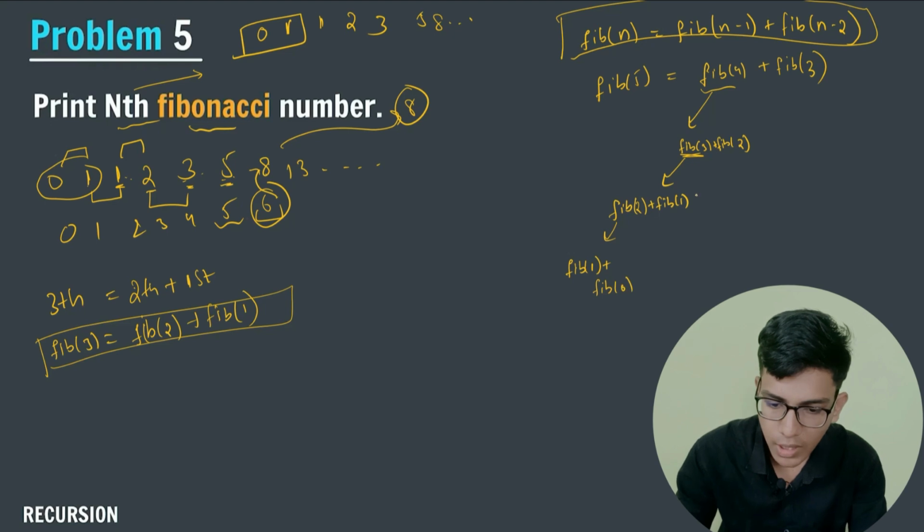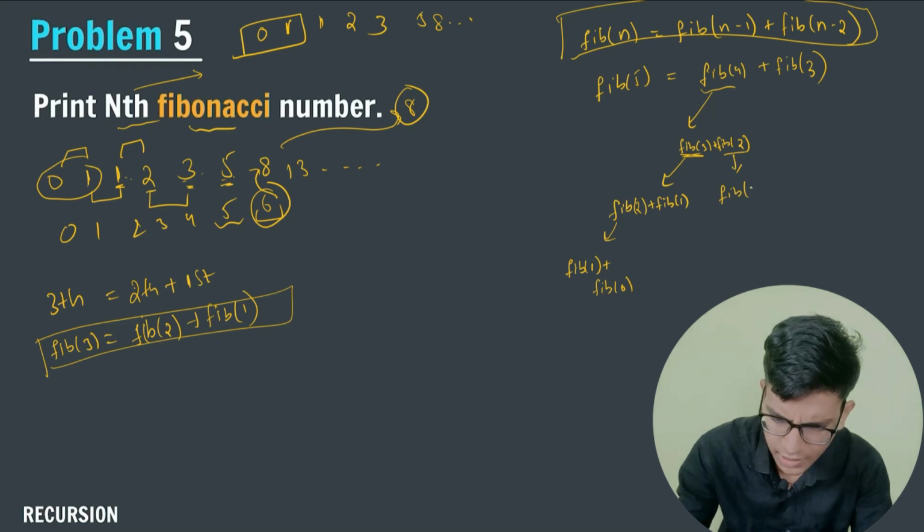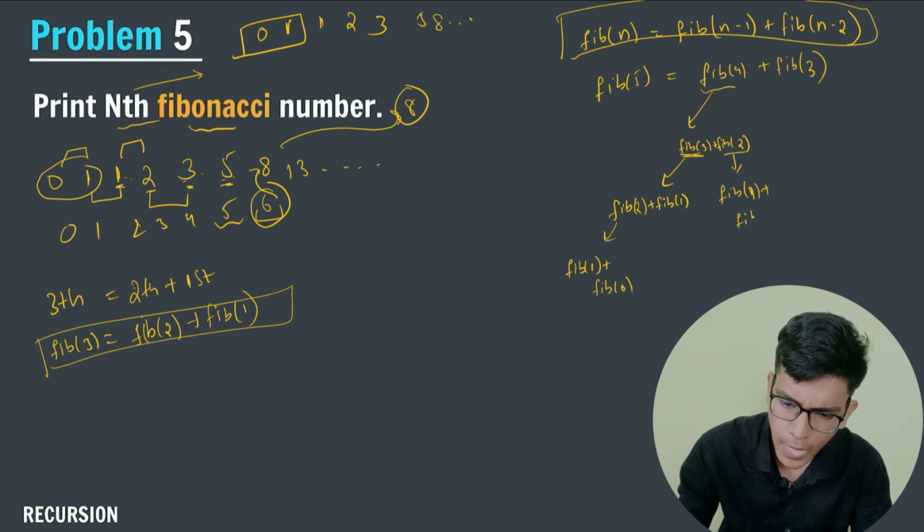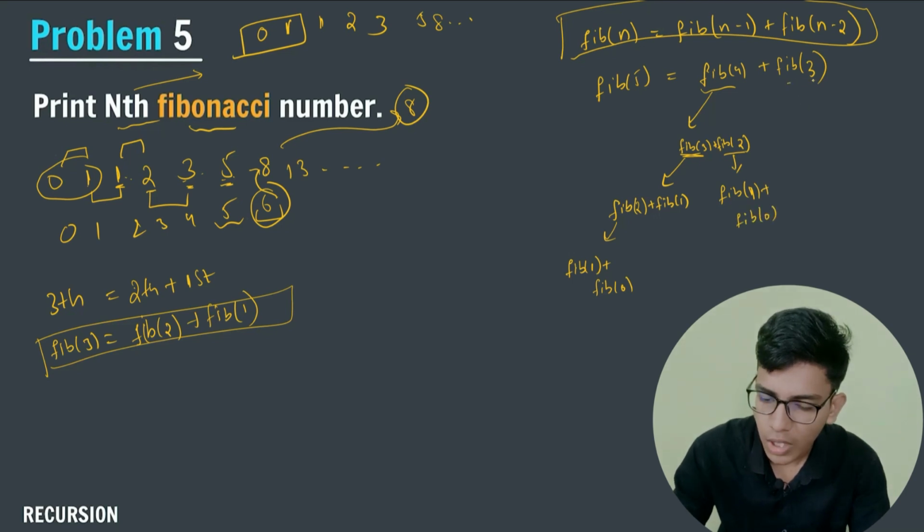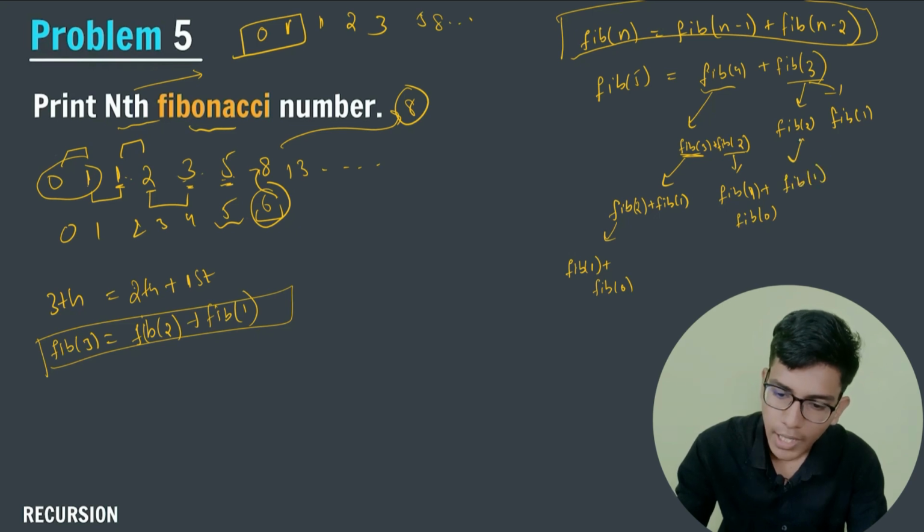So Fibonacci of the second term is equal to Fibonacci of the first term plus Fibonacci of 0, and Fibonacci of the third term is Fibonacci of the second term plus Fibonacci of n minus 2, that is Fibonacci of the first term, and Fibonacci of 2 is Fibonacci of 1 plus Fibonacci of n minus 2, that is Fibonacci of 0.